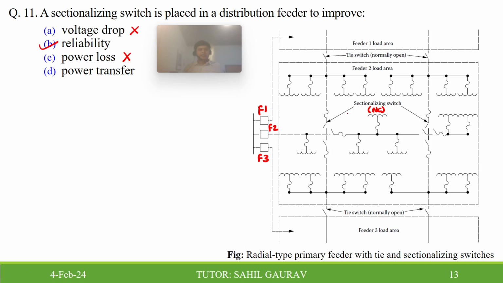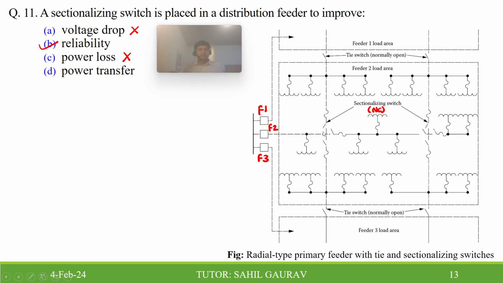Now the question is why it should work in fault condition. Suppose a fault happens in these sublaterals. This is the main feeder, these are laterals, and then sublaterals. If a fault happens in this lateral, then the switch should open so that the faulted part gets removed from the distribution system, and the other parts remain supplied with power.